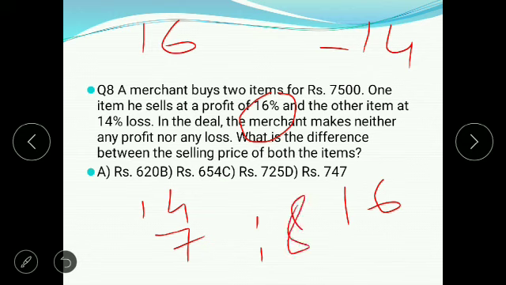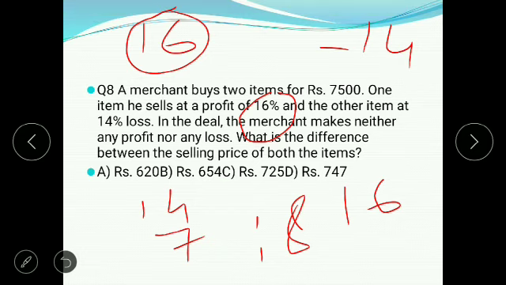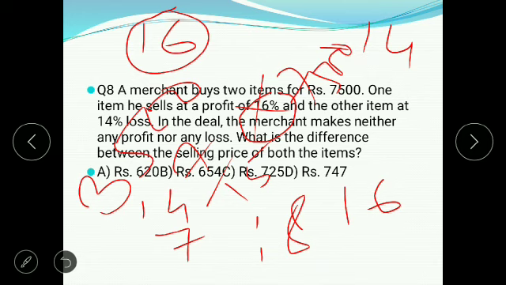Now I can easily find the cost price of the item on which the merchant got 16% profit, that is 7 by 7 plus 8, that is 7 by 15 into 7500, which is 3500. In the same way I can get the price of the product on which the merchant got 14% loss, that is 4000.